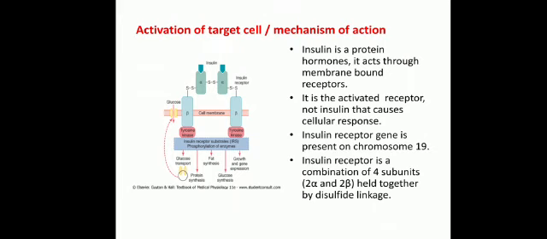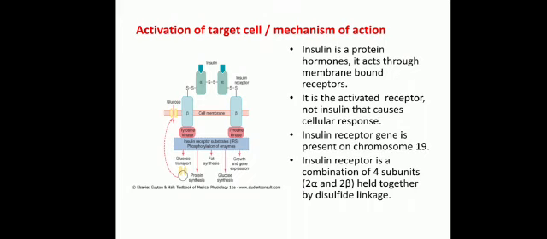Now you need to know a little about this insulin receptor, which is present on the majority of the cells and tissues in the body. The insulin receptor gene is present on chromosome 19. An insulin receptor is basically a combination of 4 subunits, 2 alpha subunits and 2 beta subunits, which are held by disulfide bonds.